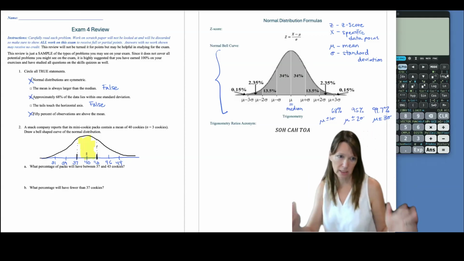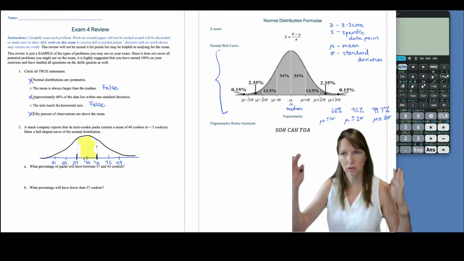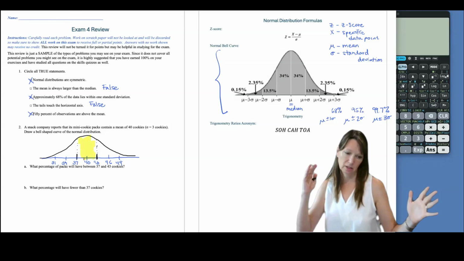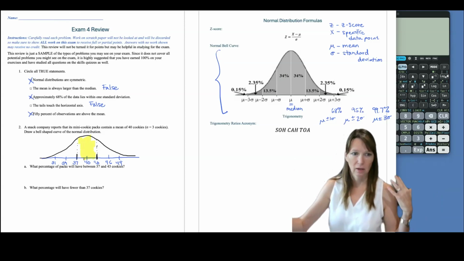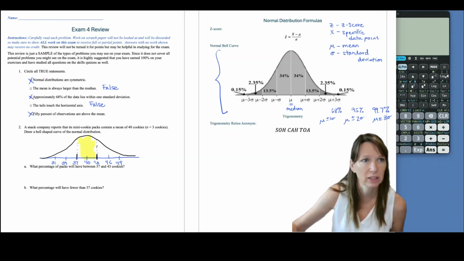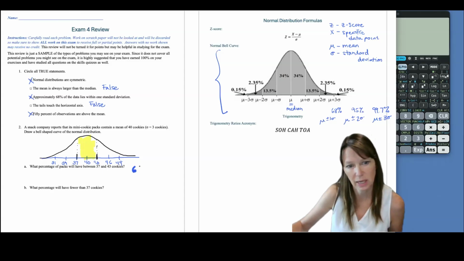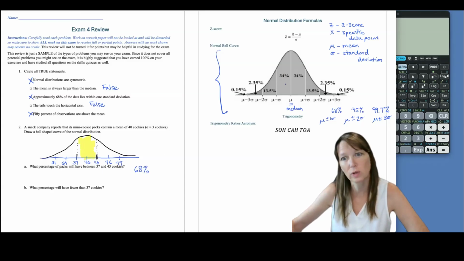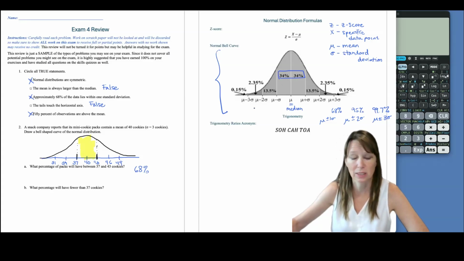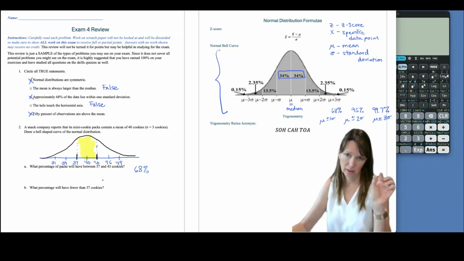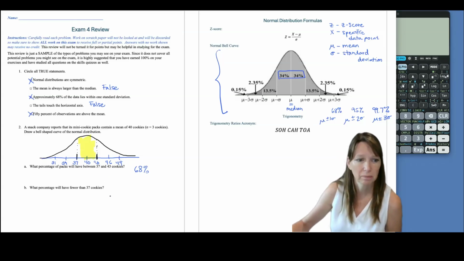So you can see there that 40 is centered and 37 is one standard deviation to the left. 43 is one standard deviation to the right, so that would be 68%. Or you can find that by adding 34% plus 34%. If you didn't have the empirical rule memorized, you can use the distributions between.